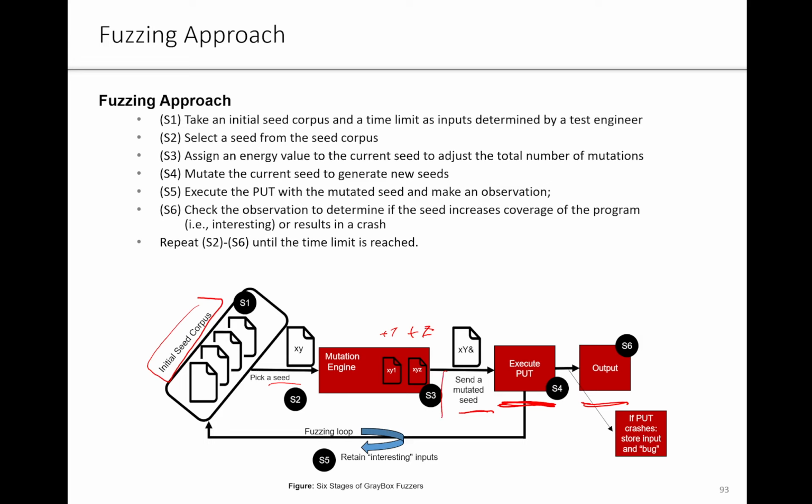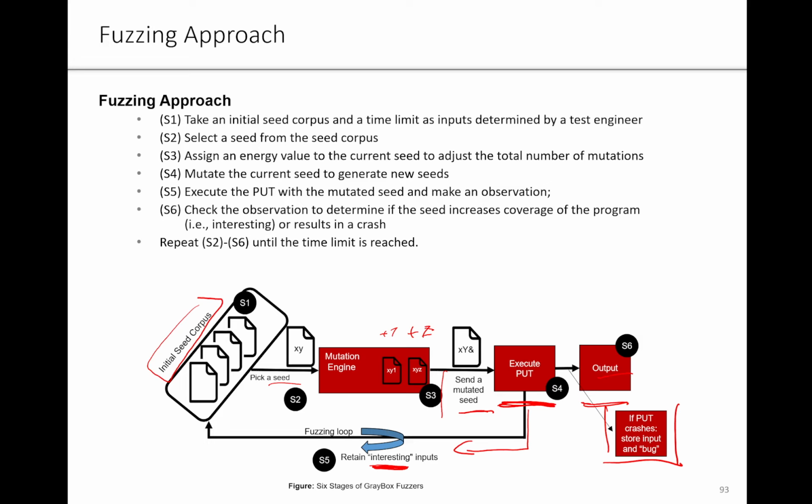And then you give it as an input, and then you check, okay, is the output there? Did it change something? Did something happen? Did it crash? That would be the success story for the fuzzer. And you feed back the input into your seed corpus as well, depending on whether the input led to interesting results.